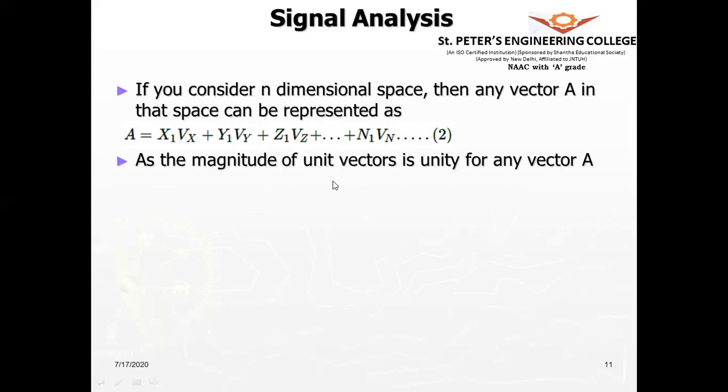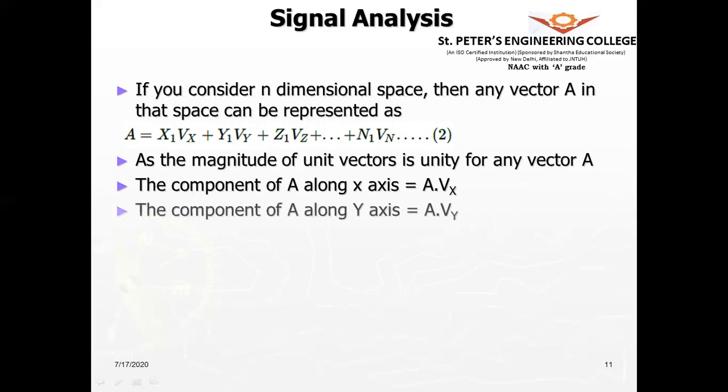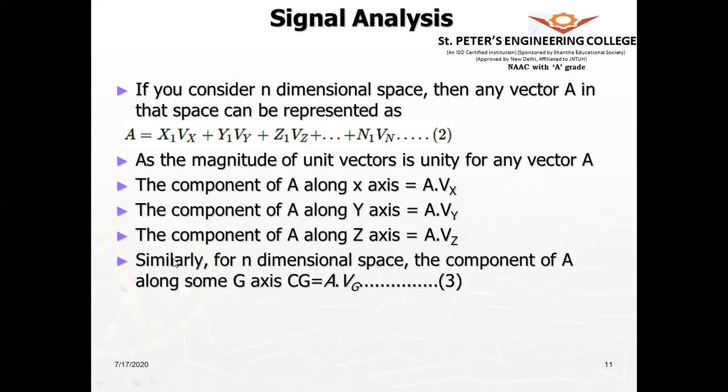And as the magnitude of the unit vectors is unity for any vector A, then the component of A along x-axis is A into Vx, along y is A into Vy, and along z is A into Vz, and so on. So if you consider in an n-dimensional space, the component of some arbitrary axis G, the component Cg is given by A into Vg.